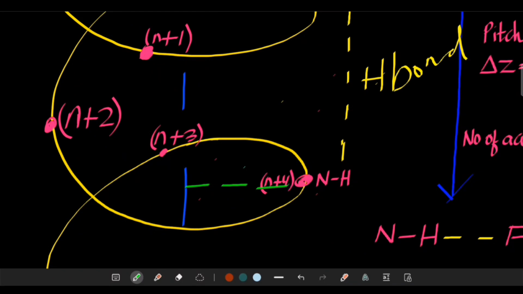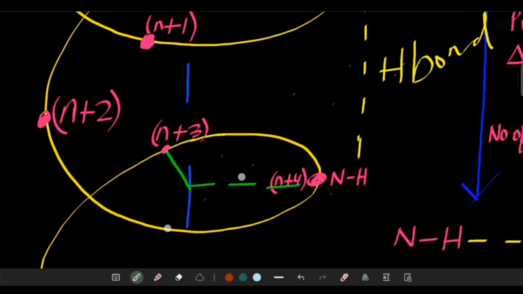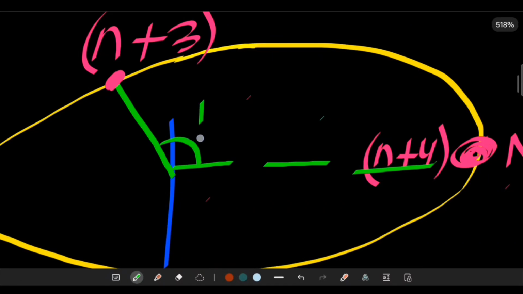And this is actually the angle that it is forming. So this is 90 degrees, right? So this will be 100 degrees. So the angle between two amino acids with respect to the center axis is actually 100 degrees. So I'm just going to write it down over here. It's actually 100 degrees.